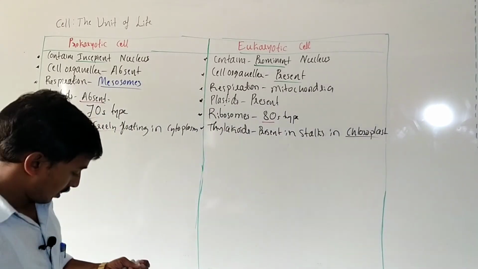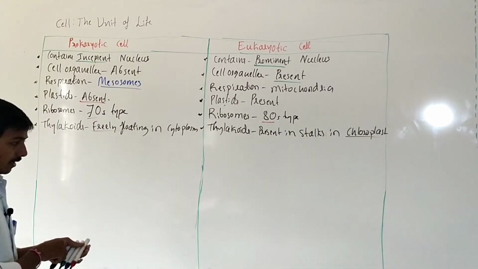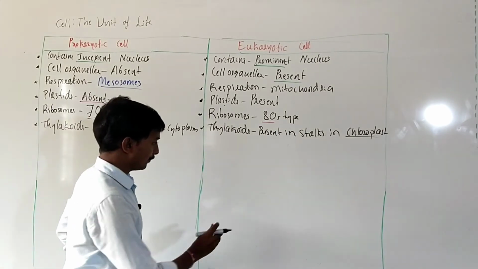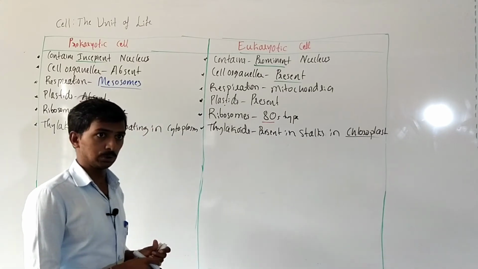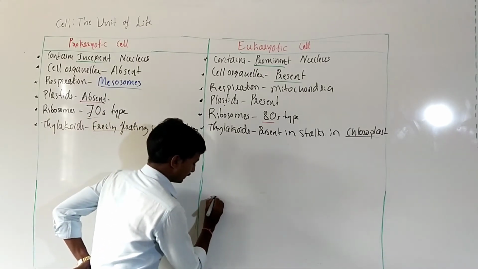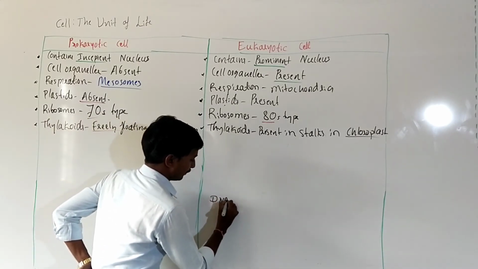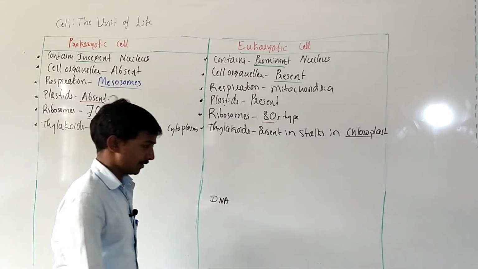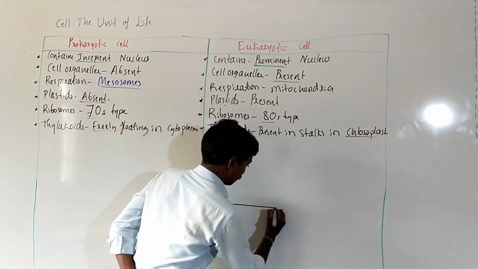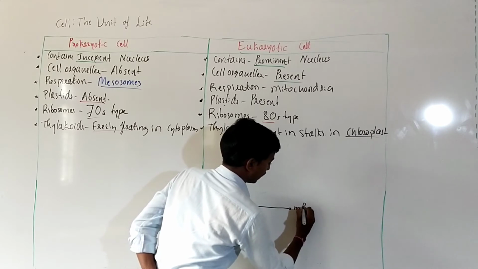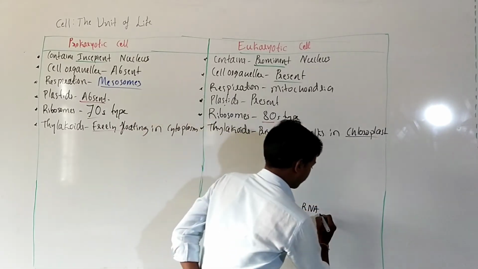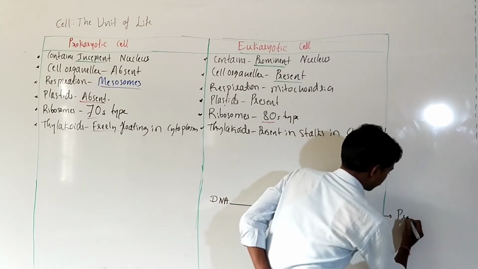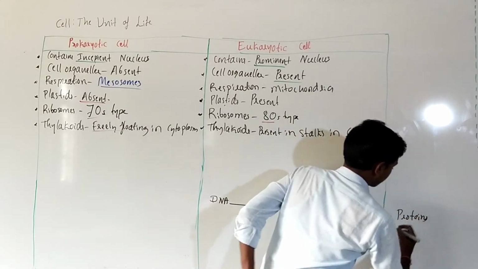Here we have a basic process in the cell. Every cell must undergo all those processes. That is, the DNA, the genetic material, has to be converted into mRNA. Then the mRNA should be converted into proteins.